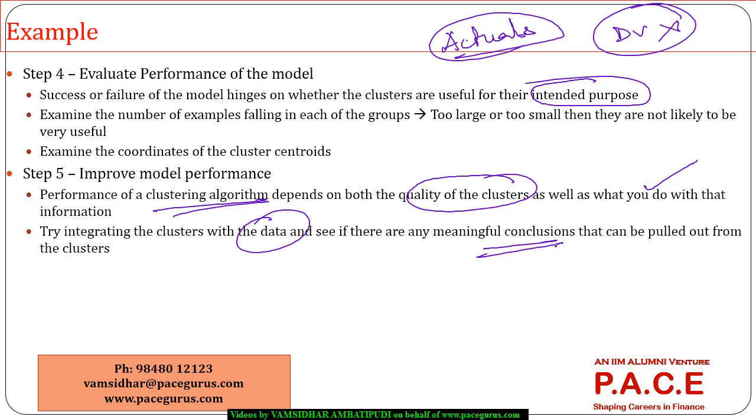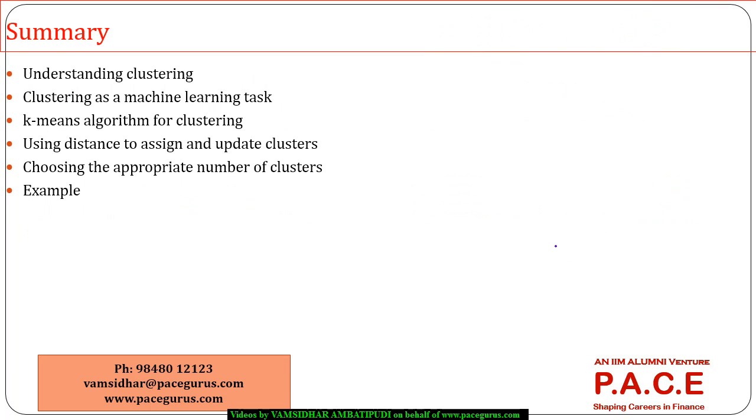Can I really do a differentiation across the clusters? We can use different kinds of tests across the various groups to come out with those solutions. That is the basic understanding we need regarding the clustering process.